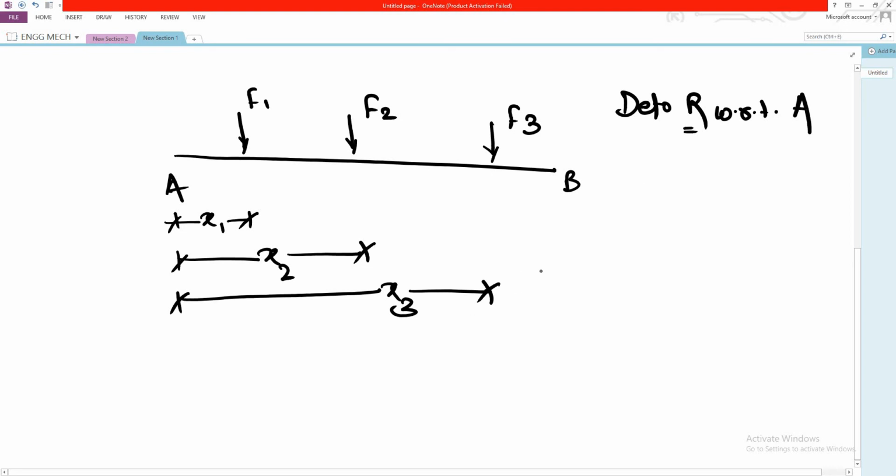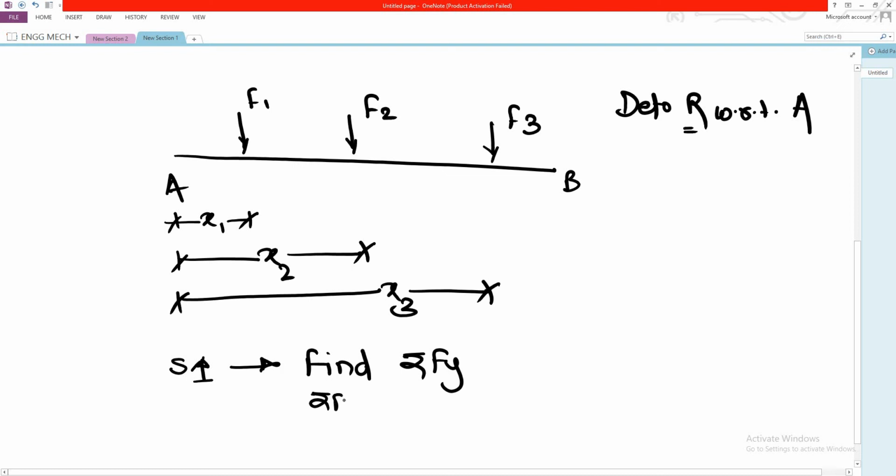Now the very first step when you are given a parallel force system and you have to determine the resultant with respect to a specific point, step 1, is to find summation Fy. Where is Fx?